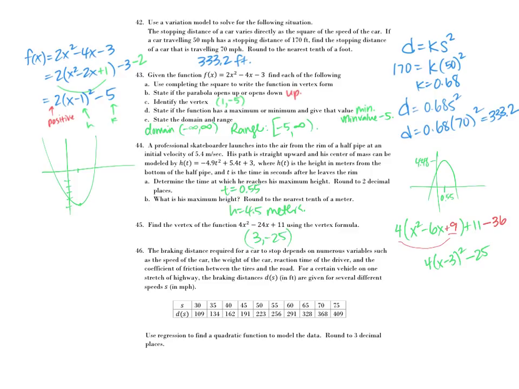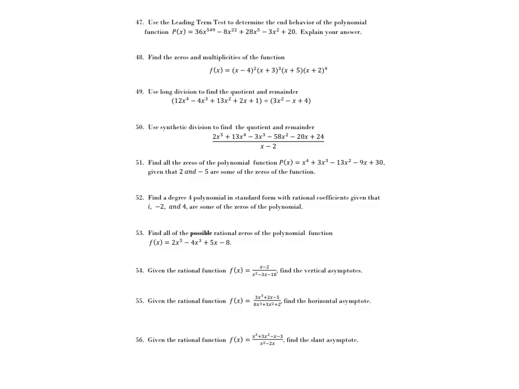Rounding to 3 decimal places, I'm going to get D equals 0.039 S squared plus 2.532S minus 2.509. Okay, so that's my 3 decimal places on that quadratic regression.